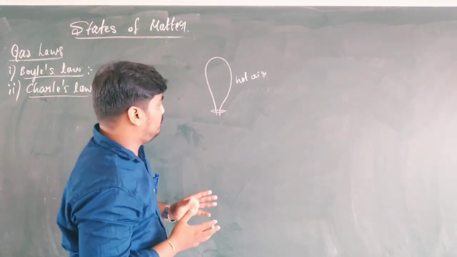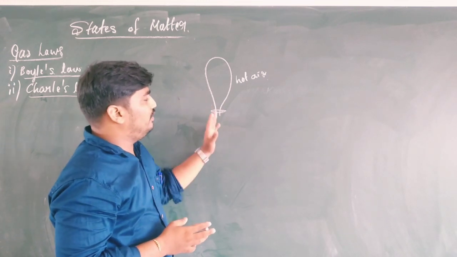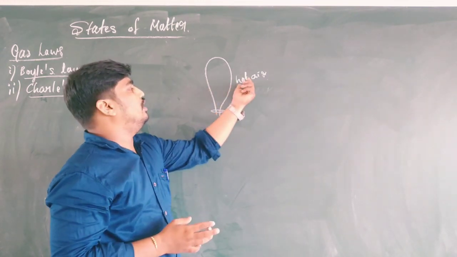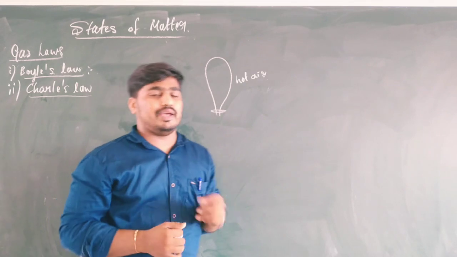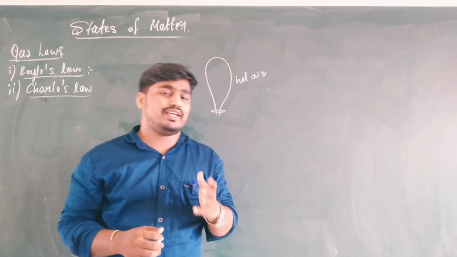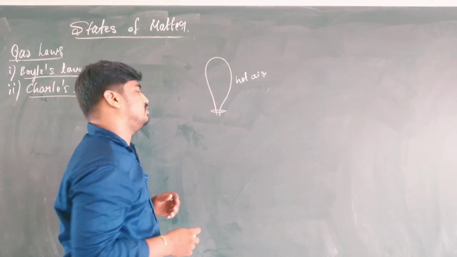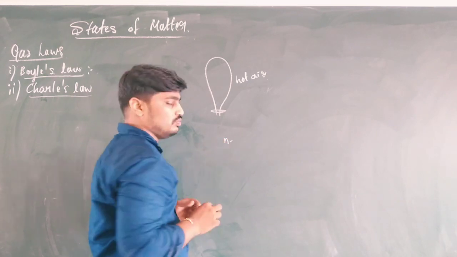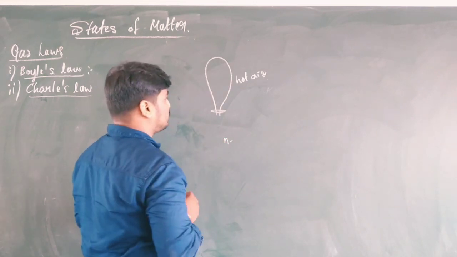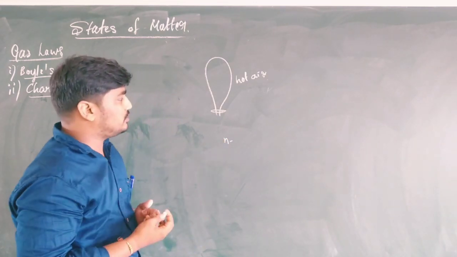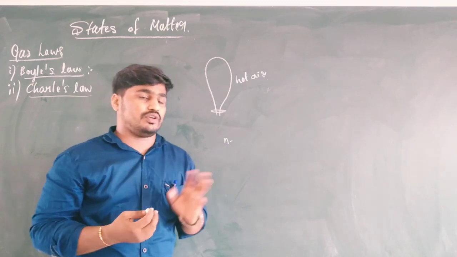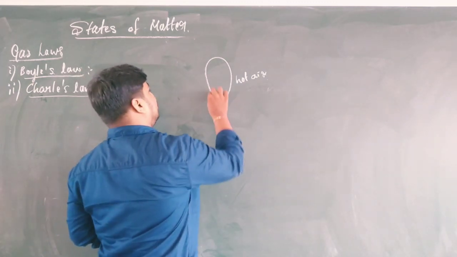They filled a fixed amount of a gas, meaning the mass or amount of substance is fixed. That means n, the moles of the gas, is constant. And the next condition is that volume is kept constant.